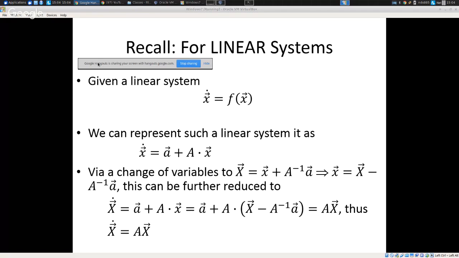Now, it turns out we can rewrite this through a simple change of variables, for anyone who's interested, as x dot equals capital A, the same matrix, times x. Given a system like this, it can be directly rewritten like this, and this is a linear system. What it's saying is the rate of change is proportional to the current state.